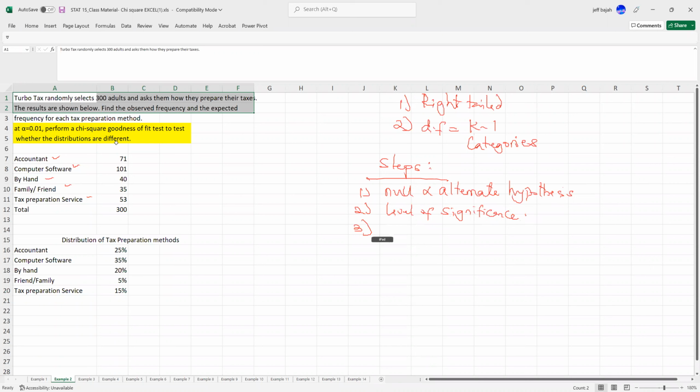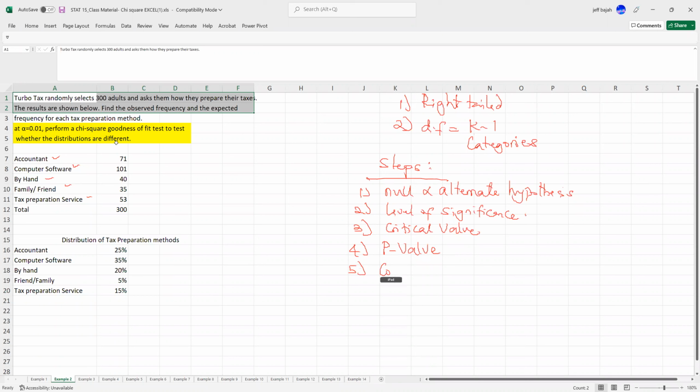And once we have those values, then we can go ahead and find what our critical value is. And from there, we can find our p-value, and once you find your p-value, then you can now make a decision.